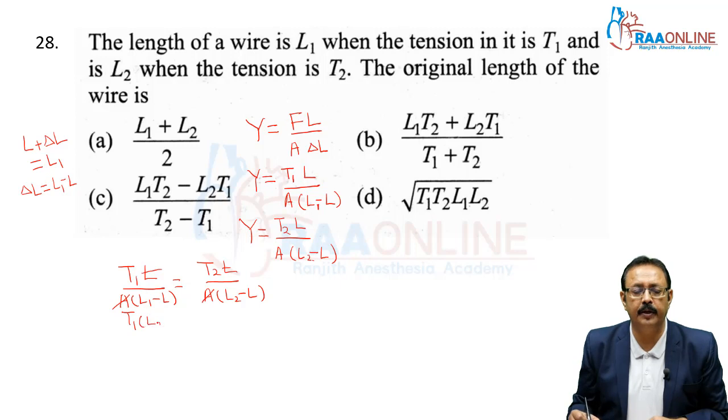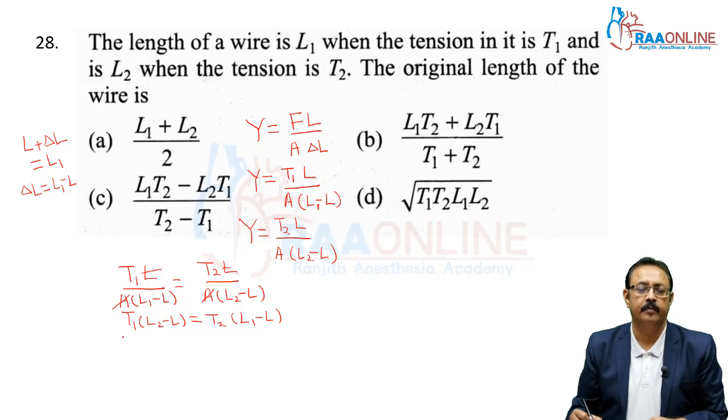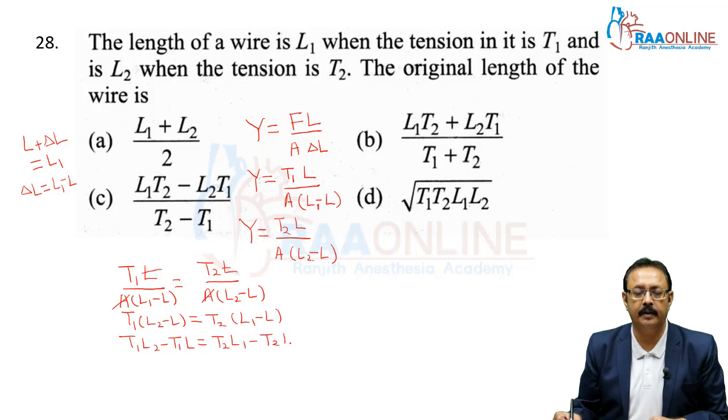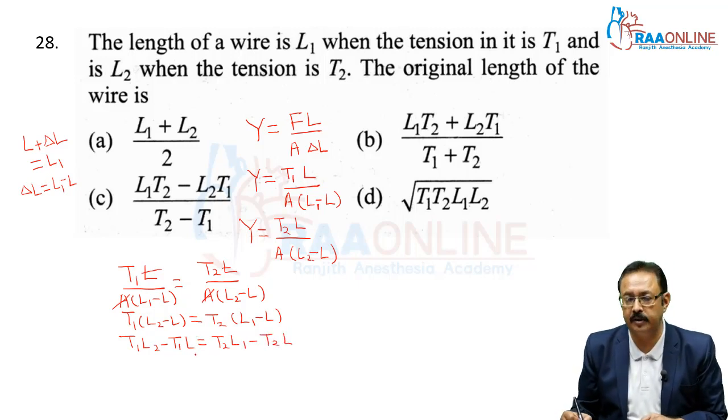T1 into L2 minus L is equal to T2 into L1 minus L. This I am getting, which means T1L2 minus T1L is equal to T2L1 minus T2L. We want to calculate the original length.